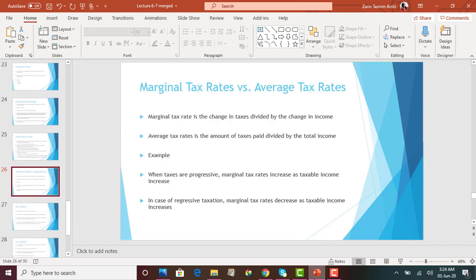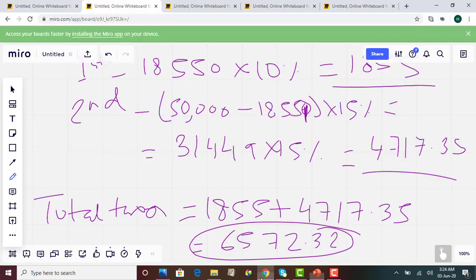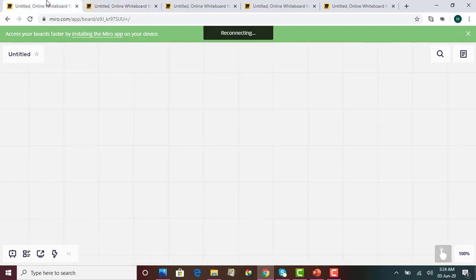Okay, now this is important. This is marginal tax rate versus average tax rate. Marginal tax rate is basically the change in taxes divided by the change in income, whereas average tax rate is the total taxes that you paid divided by your total income. So let me do the formula and show you quick examples of how to calculate these.